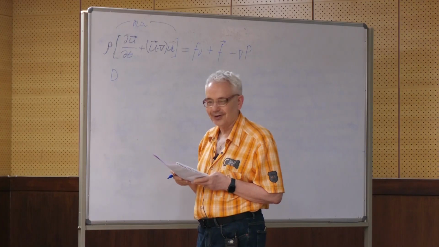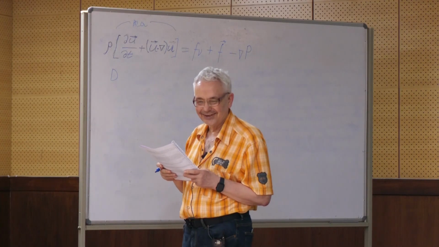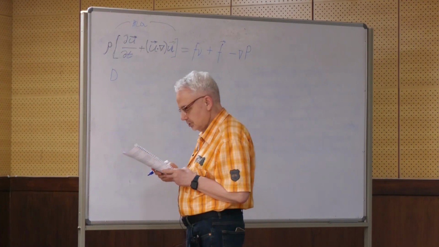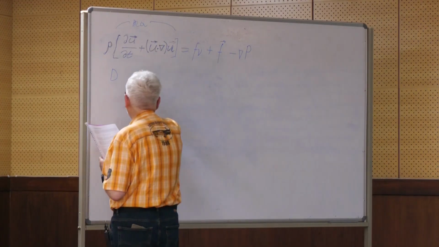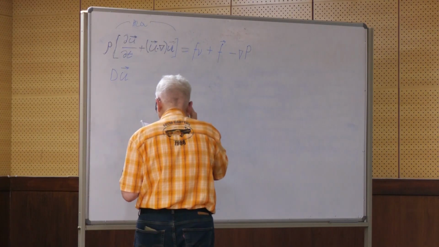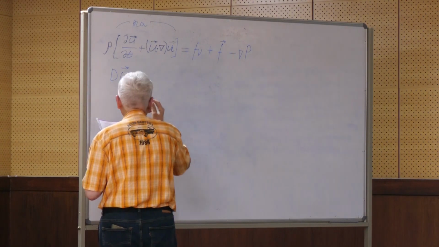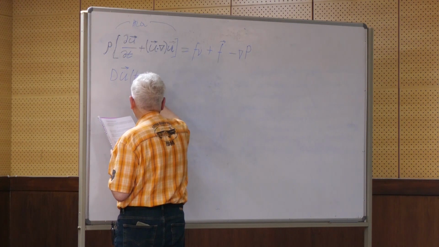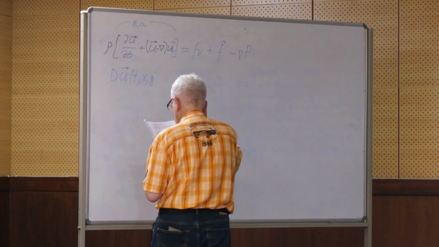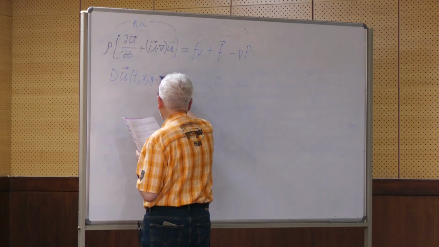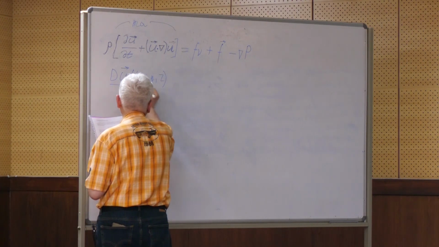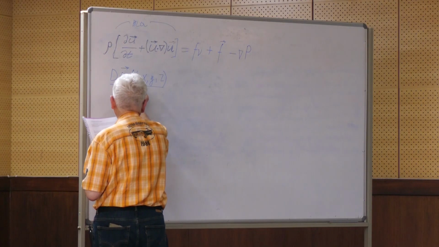So now we have du, the vector u, which in fact depends on time and the x, y and z Cartesian coordinates. And it is also a full derivative in time.